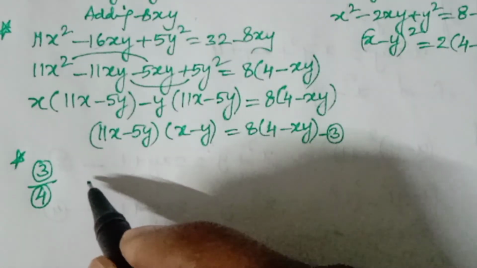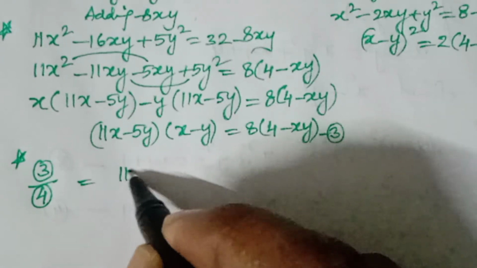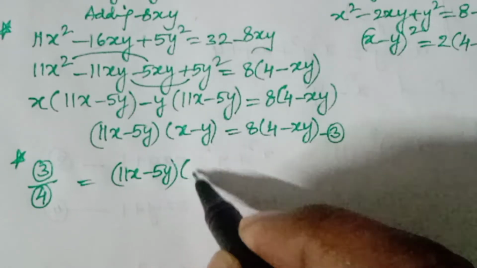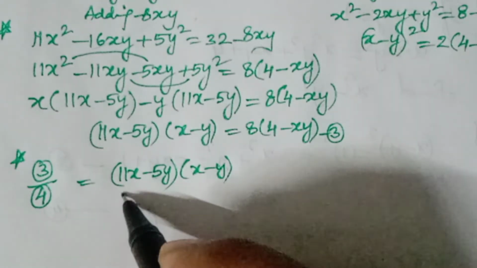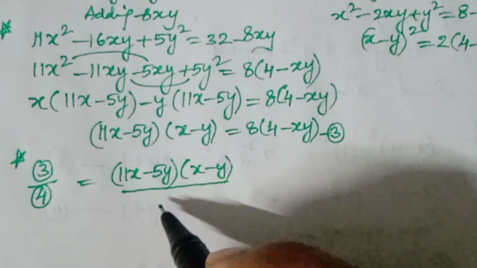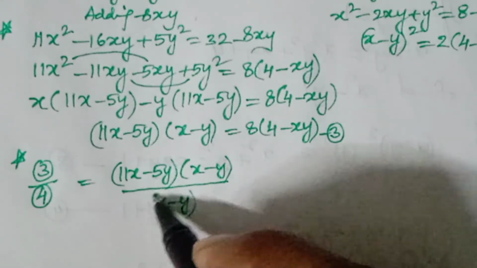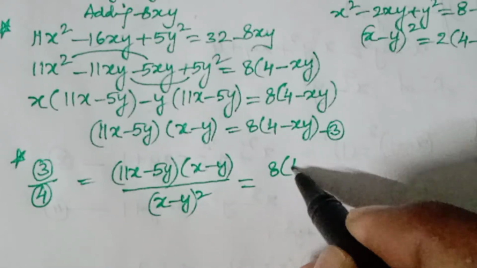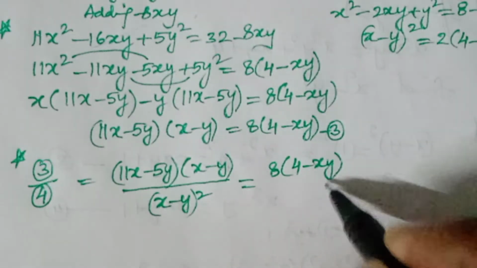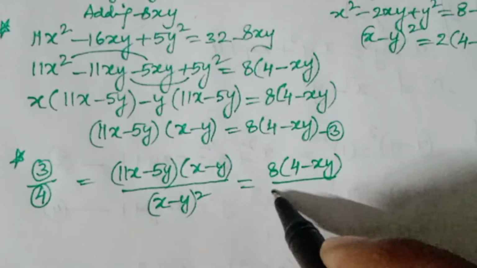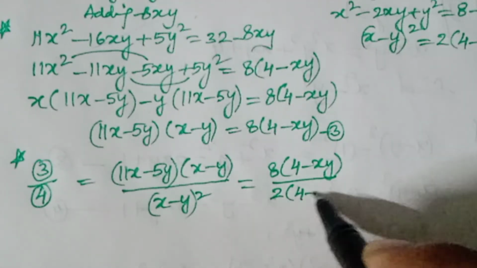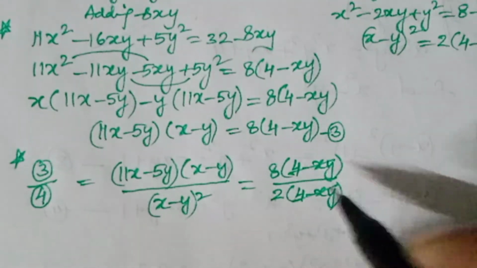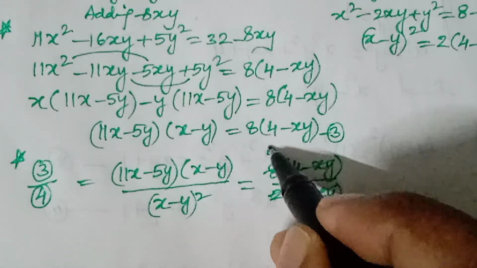So what is 3 here? 11x minus 5y into x minus y by x minus y whole square is equal to, RHS, 8 into 4 minus xy by 2 into 4 minus xy. So 4 minus xy gets cancelled, 2 will go into 8 four times.